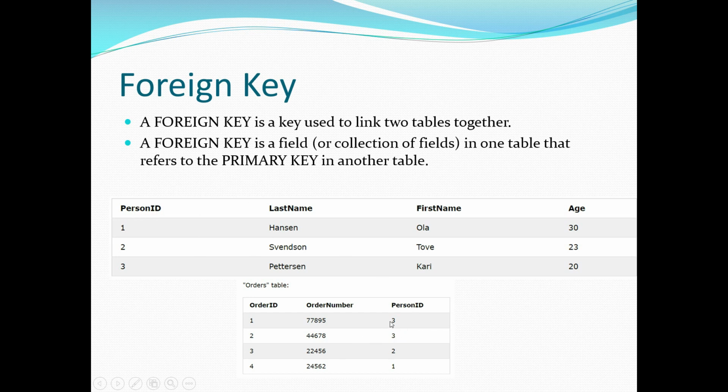It means that there is an order placed by the third person ID. Who is the third? That is Patterson. It means that this shows Patterson placed an order, and the order number is this one. So this person ID refers to this one. In this scenario, the person ID in the persons table is the primary key, and in the orders table the person ID is a foreign key that is used to connect both tables.